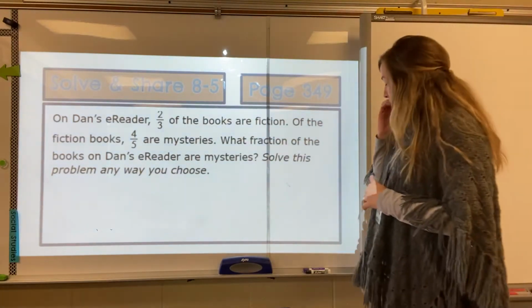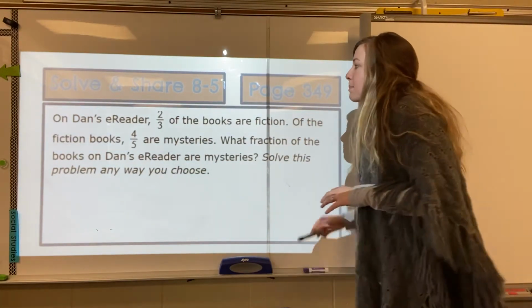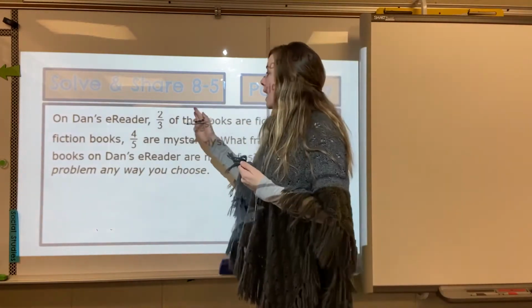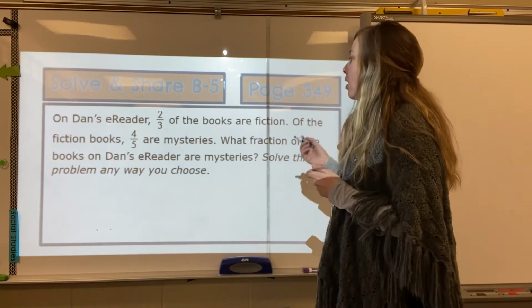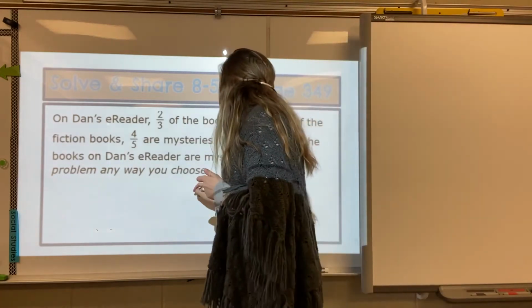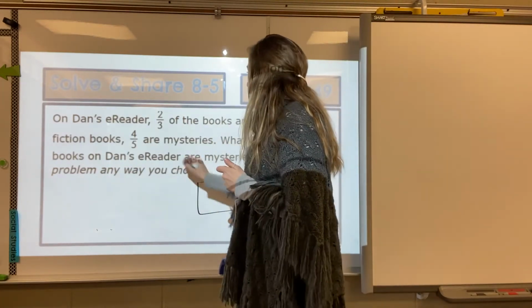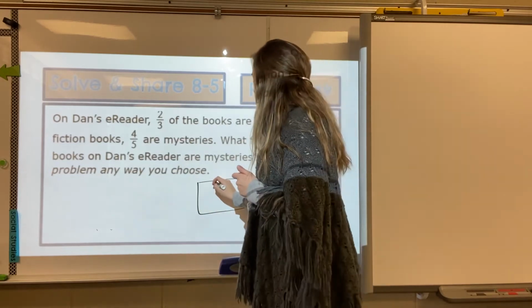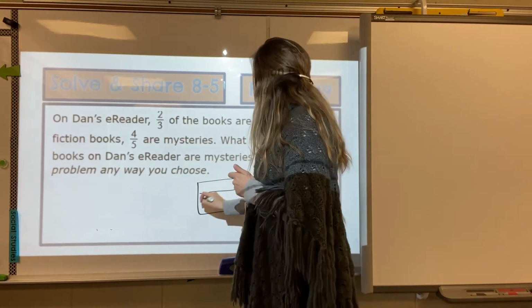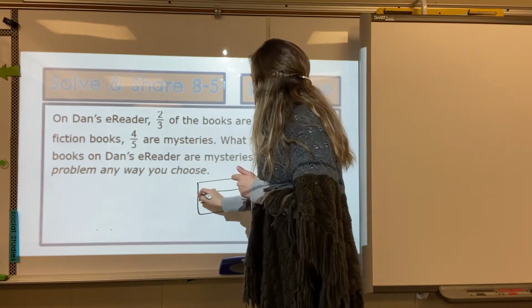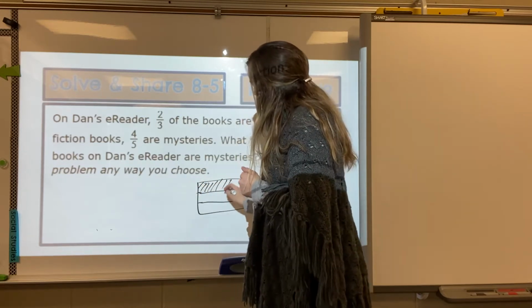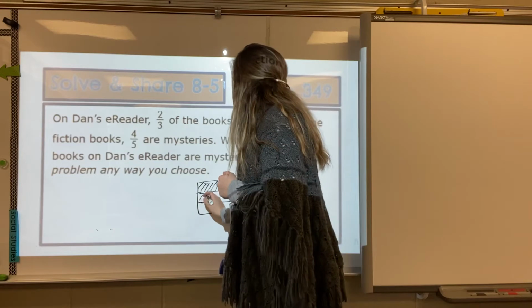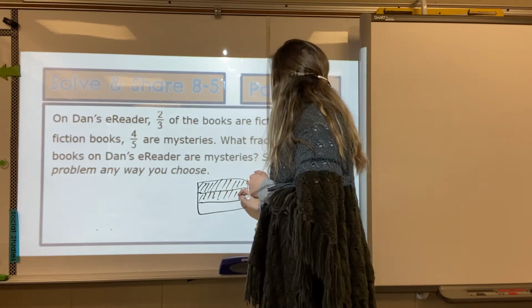Alrighty. So what I need to do for this problem, he has 2/3 of the books on the e-reader that are fiction. So if I want to draw a picture for this, I would look at my denominator and split it up into thirds first. And so what you can visualize is this one would be fiction, this one, fiction.